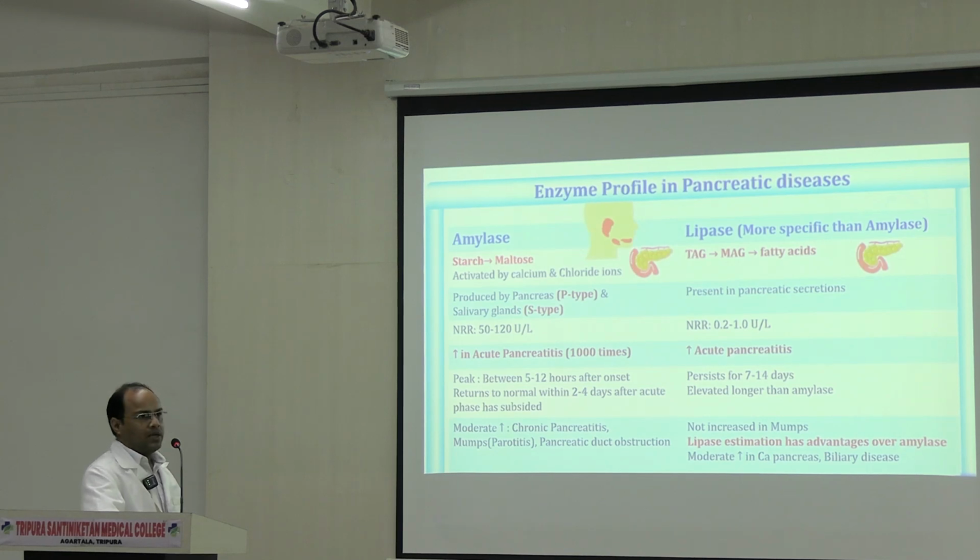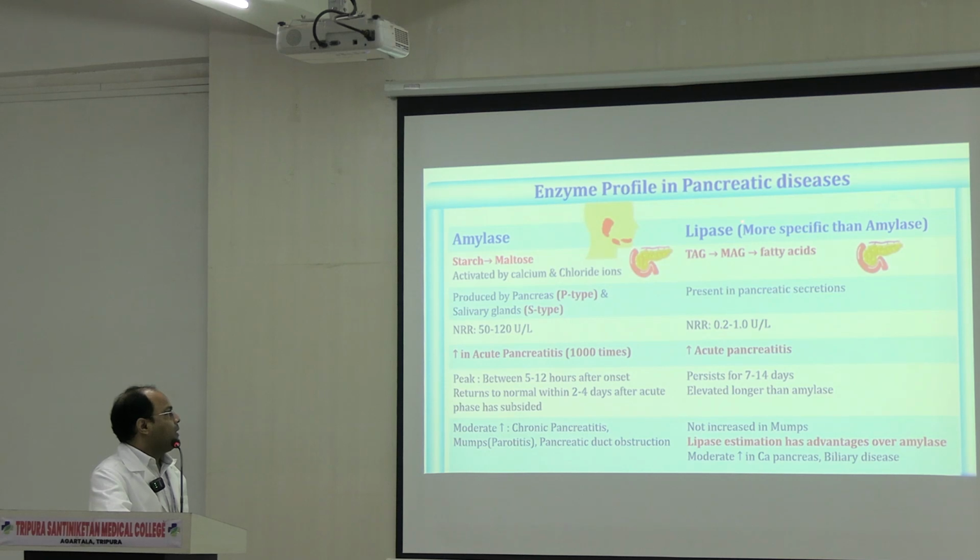In case of acute pancreatitis, the level drastically increases up to thousands, more than thousands you can find. Okay, peak between 5 to 12 hours after onset of attack, returns to normal within 2 to 4 days after acute phase has subsided. Moderately increased in case of chronic pancreatitis, mumps, and pancreatic duct obstruction.